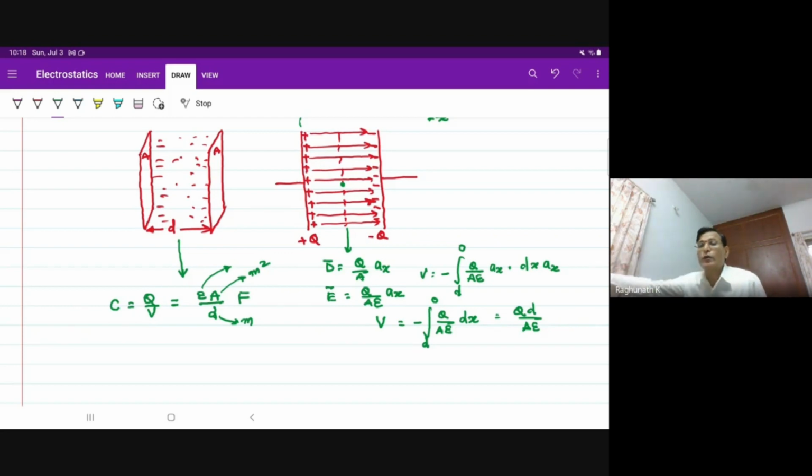When you go to the PN diode, people derive the expression maybe through Poisson's equation.